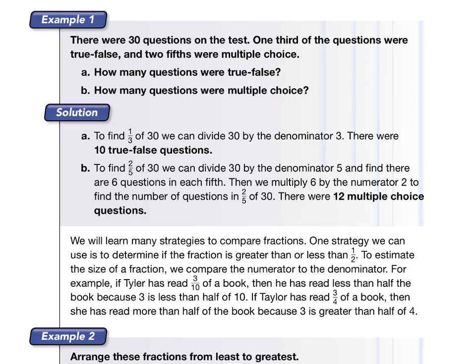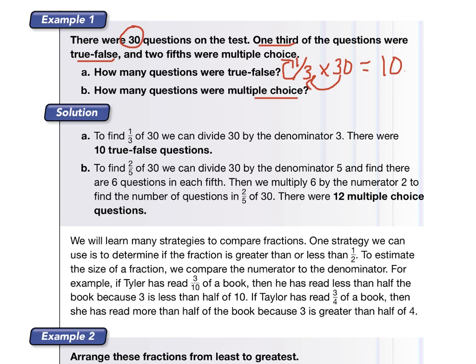We have 30 questions, and true and false is 1/3, so I'm going to do 1/3 times 30. The way we just learned, which is review: divide 30 by 3, that gives me 10, and then multiply by the numerator, 10 times 1, which is 10. So 10 were true and false.